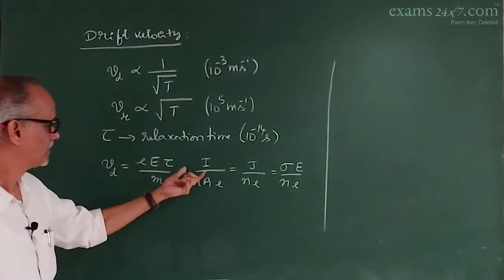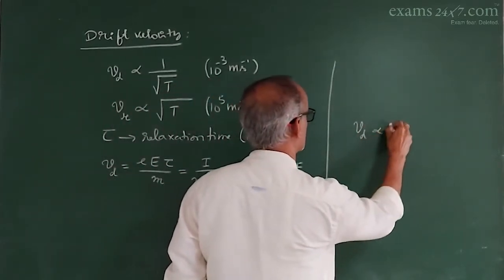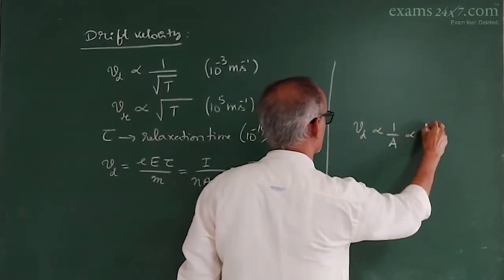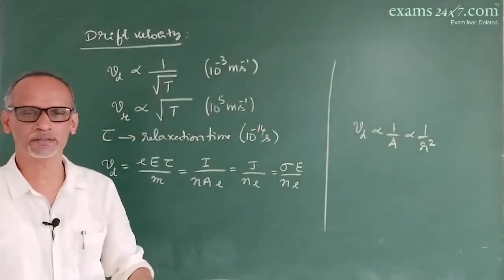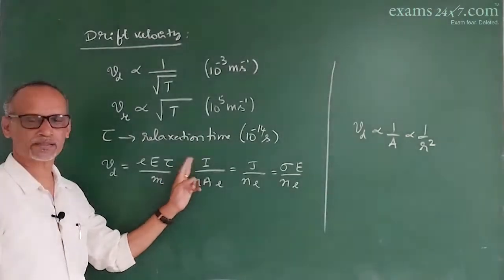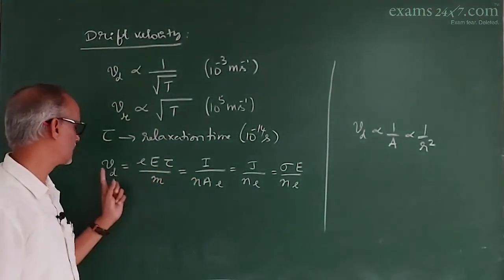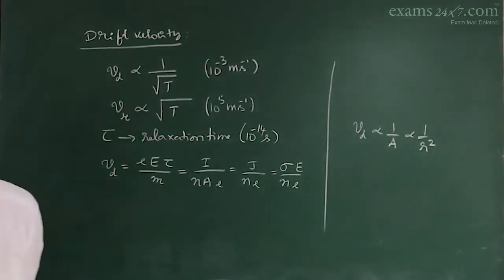For a given constant current, drift velocity is inversely proportional to the area of cross section, which is inversely proportional to the square of the radius of the wire. That is, if I is constant and for a given metal, Vd is inversely proportional to A.